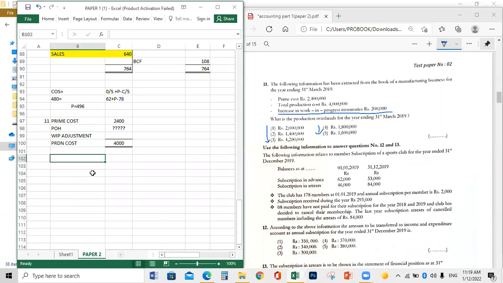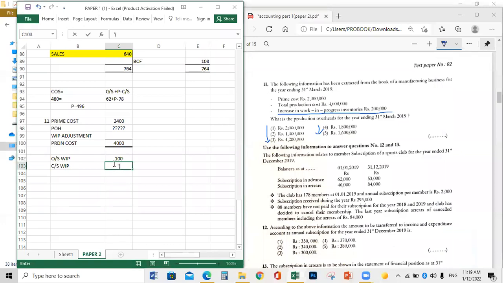That means, guys, if you take an example, if the opening stock of work in progress is, let's say, 100,000, what will the closing stock be based on this? 300,000, because it's increasing by 200,000.